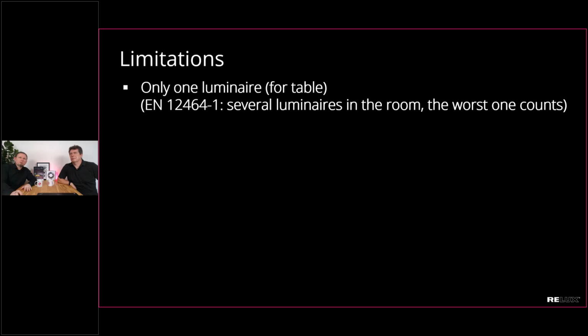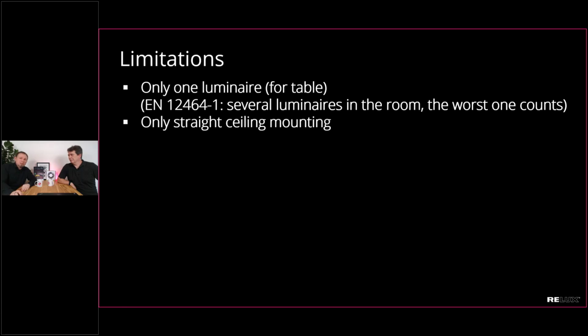In the new 12464-1, there is a hint on how to deal with the situation if you have several luminaires in a room, which of course happens quite often. Then it's quite simple. The worst UGR value counts, from the luminaire which has the worst UGR value. It's quite simple and makes absolute sense to go in this direction.